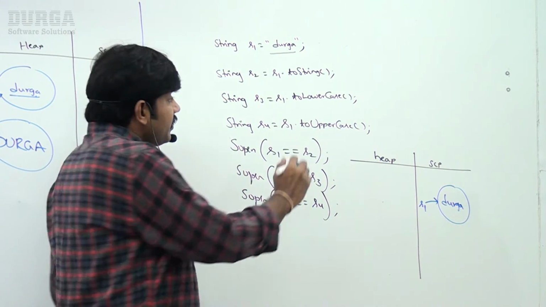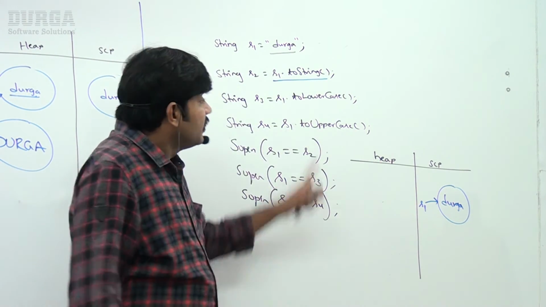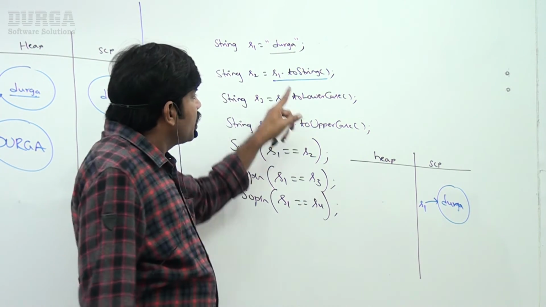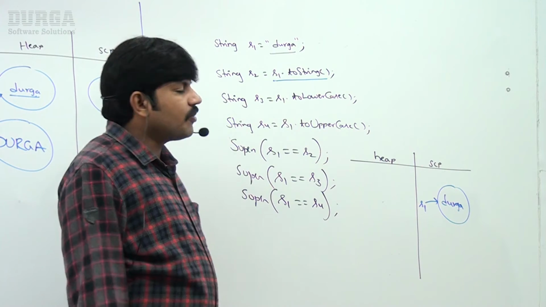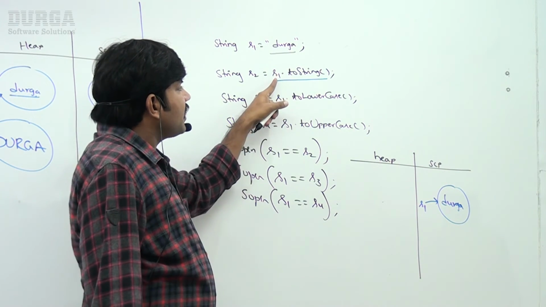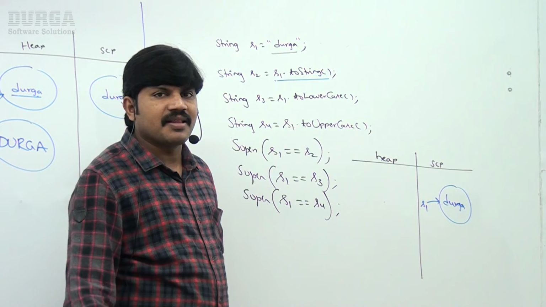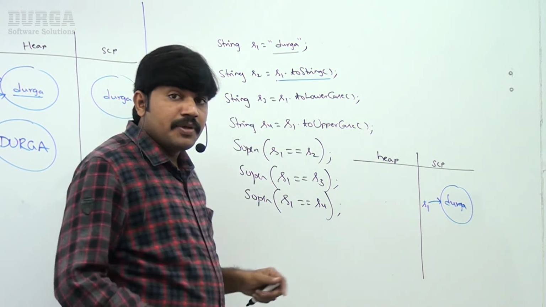Next, S1.toString() method. If I take the S1.toString() method, the point here is it is already a String, so it is a string-to-string conversion. There is no change in the content, so the existing object only will be reused.